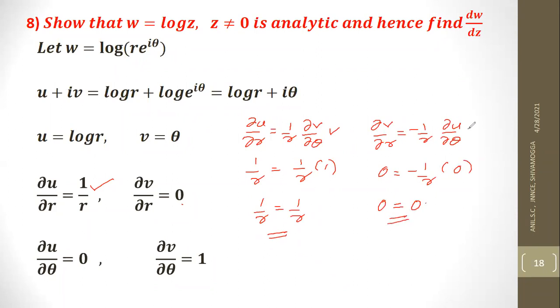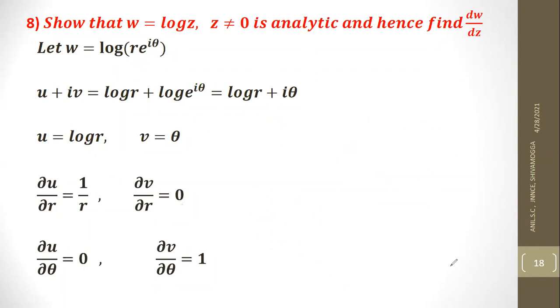Therefore, this equation also holds. Both the CR equations hold. So what is the conclusion? f of z is analytic. Since both the CR equations hold, we can conclude that f of z is analytic. This is the first part of the problem.